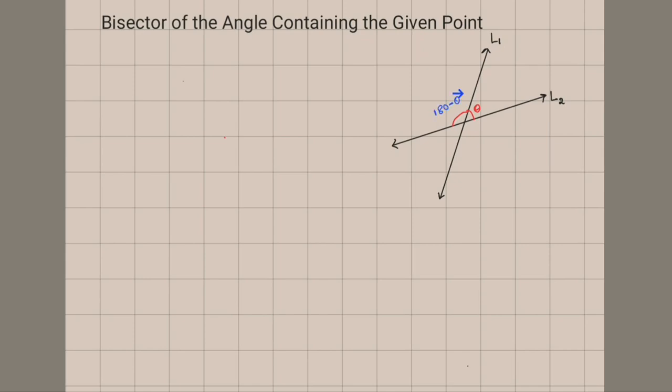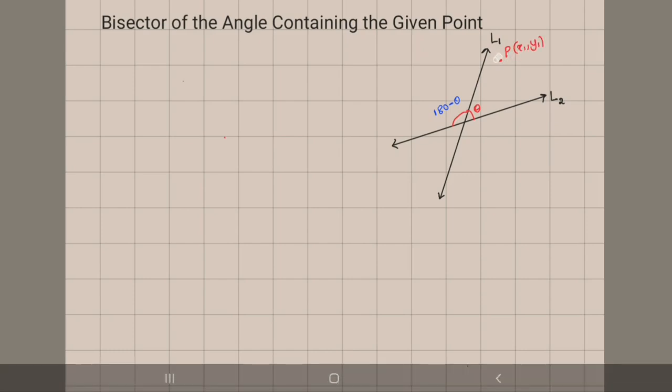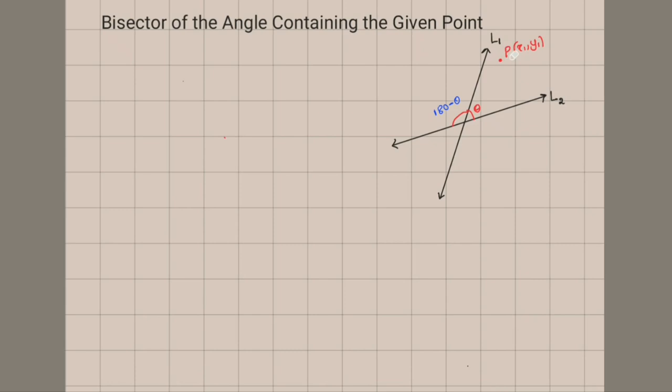And let's say there is a point P, which is x1 comma y1, which lies somewhere here. This point P lies in the region of theta. If you observe, the theta region is completely this region and completely this region, because this angle is also theta. So this point P lies in the region of theta.